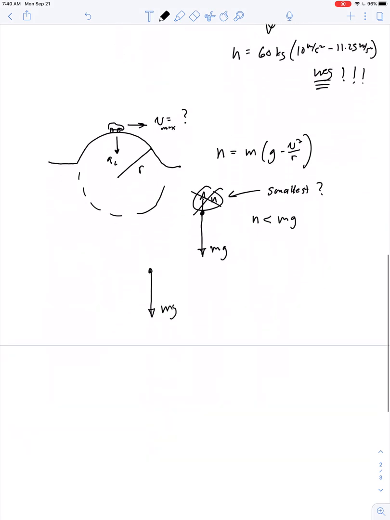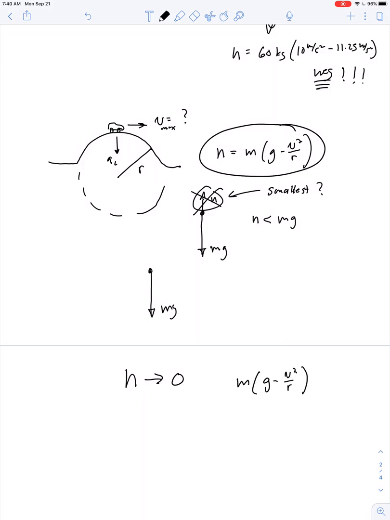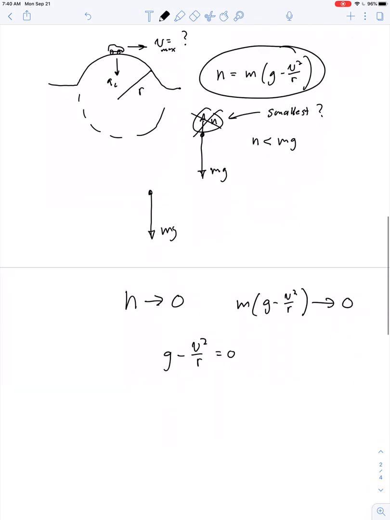So if the normal force goes to 0 in the limiting case, then that means m times g minus v squared over r has to go to 0, which means g minus v squared over r would have to equal 0, or in other words, v squared over r would equal g, so v would be the square root of gr.